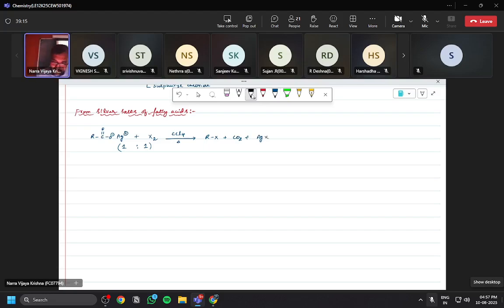In this, primary halides react more readily than secondary halides, secondary more readily than tertiary halides.